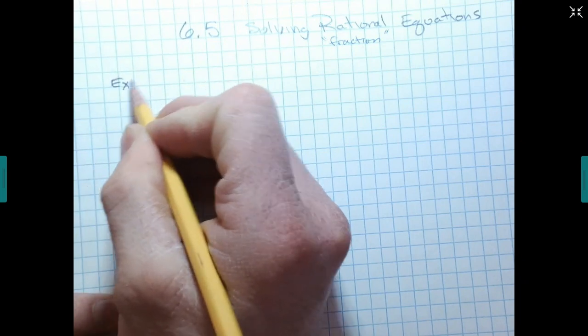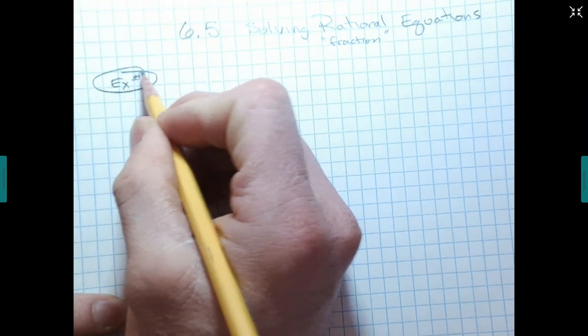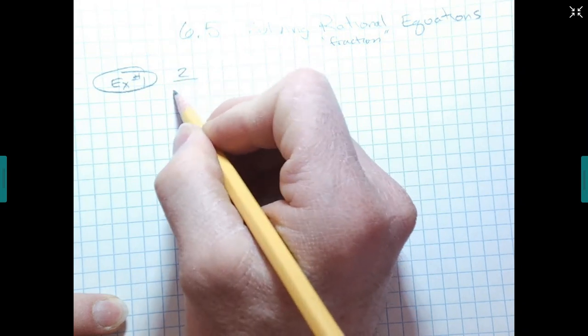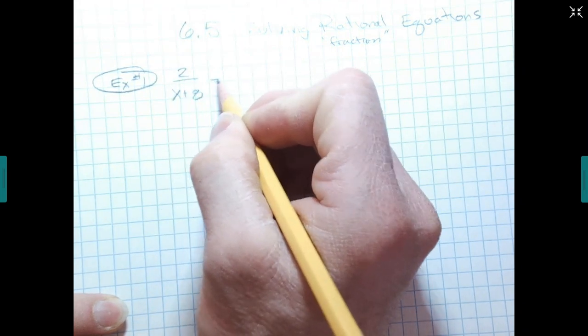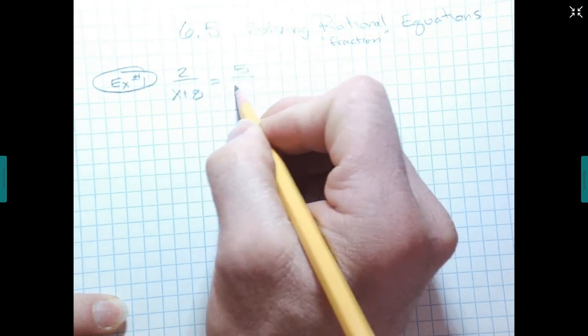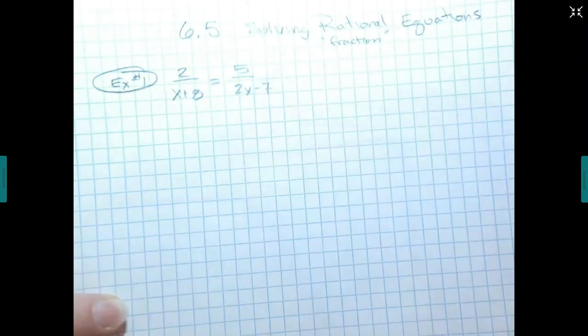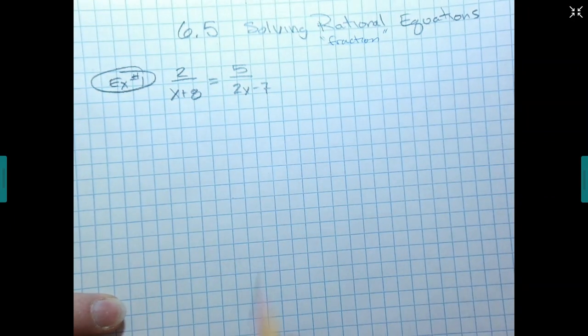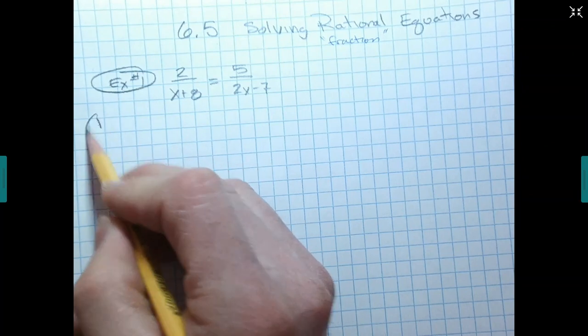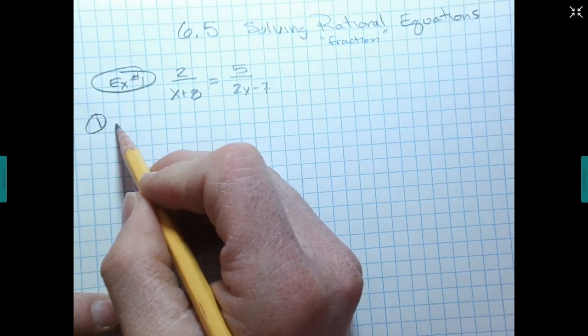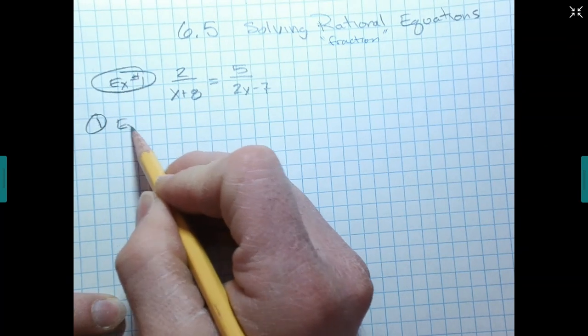Example number 1. What if I have 2 over x plus 8 equals 5 over 2x minus 7? Now, I'm going to show you two things. The first thing I'm going to show you is excluded values.